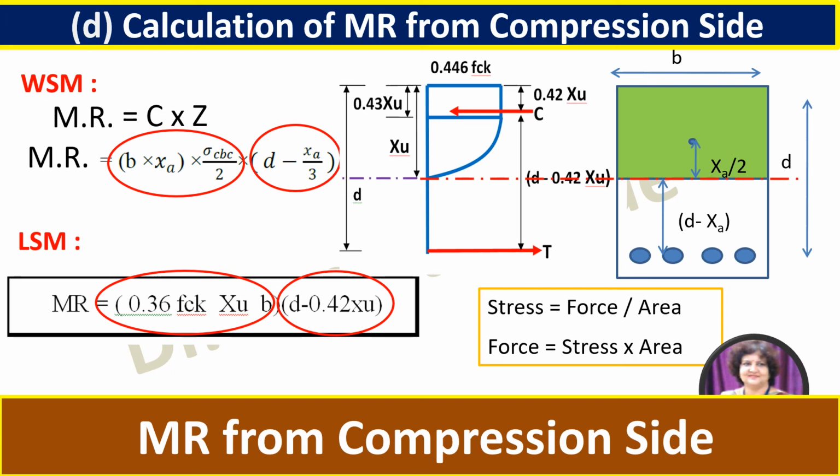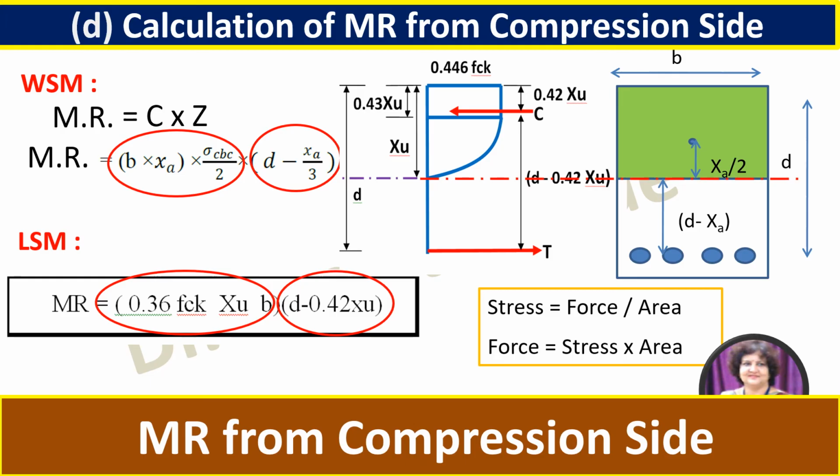If you compare the formula in working stress method and limit state method, you can observe that in working stress method there is sigma CBC. Sigma CBC means permissible stress in concrete in bending compression. This value is available in IS code, whereas in LSM we directly use FCK.